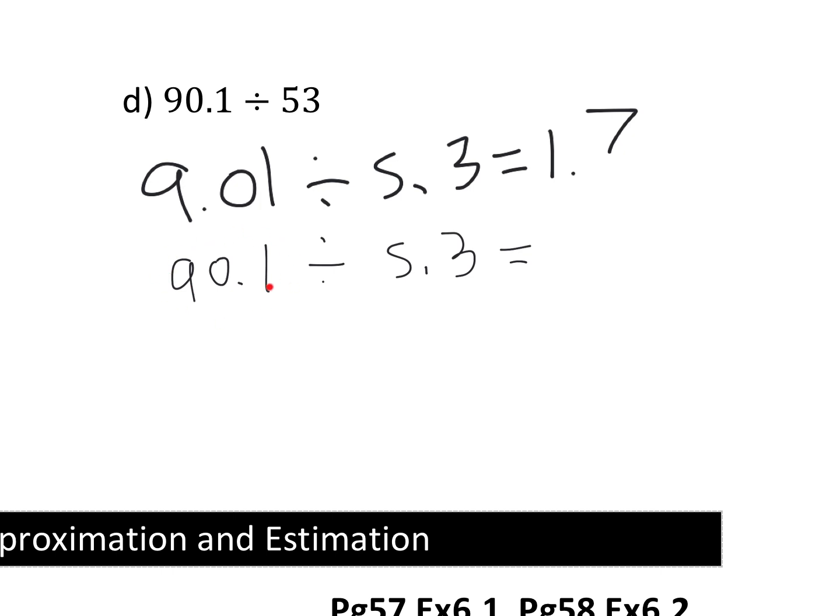The number at the start is larger. We're not dividing by a large number. We've got more at the start. We've got more to share in the 5.3. So 5.3 can fit in more times because there's more of it. So by making this 10 times bigger, we can actually fit in 5.3 10 times more. So instead of fitting in 1.7 times, it could fit in 17 times.